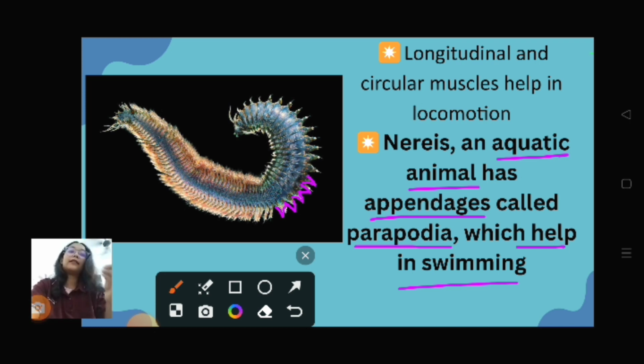But the rest of the examples of Annelida do not contain any kind of parapodia. Only Nereis is the one which is having appendages, or you can say parapodia, which will help them in swimming. Is it clear?